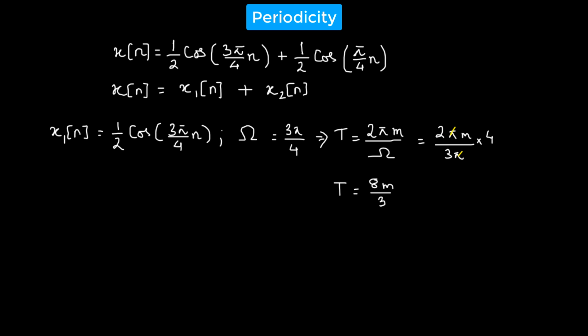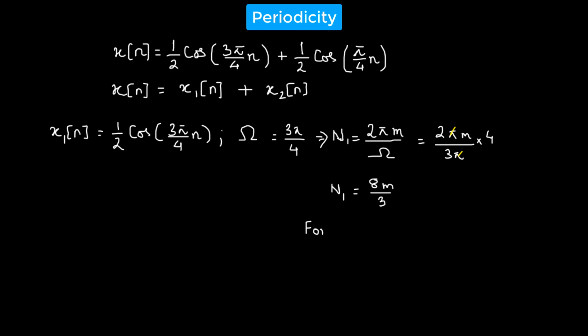Now, there's one mistake I have made, not exactly a mistake. Since we are in the discrete time domain, this will be denoted by n1 instead of T1. So our n1 value is equal to 8m over 3. Since we are trying to find the fundamental period, we must have the smallest integer value of m so that n1 becomes an integer.